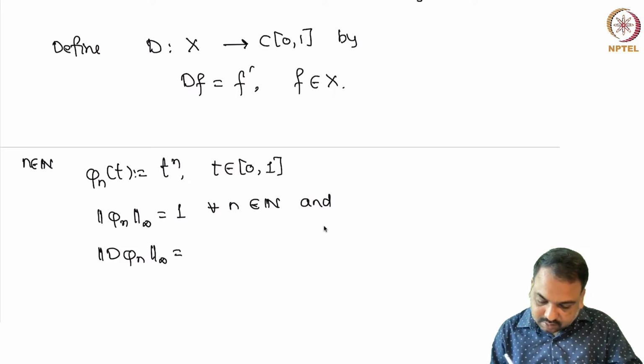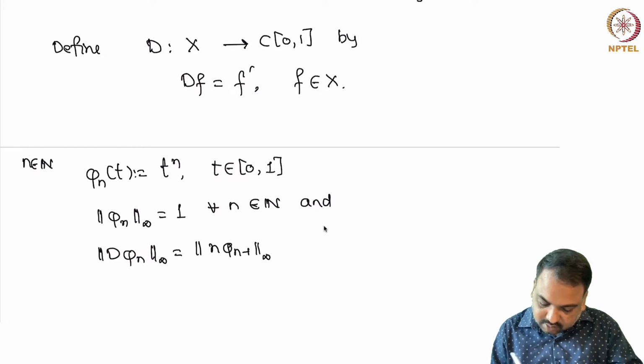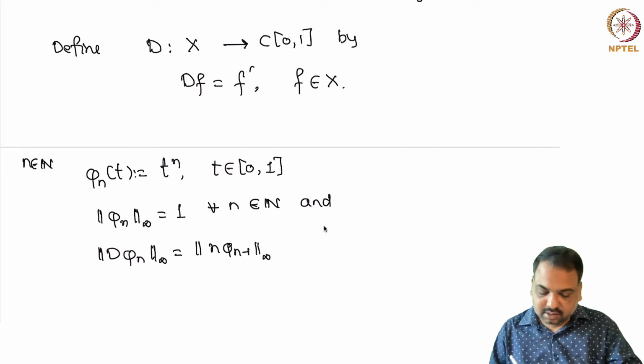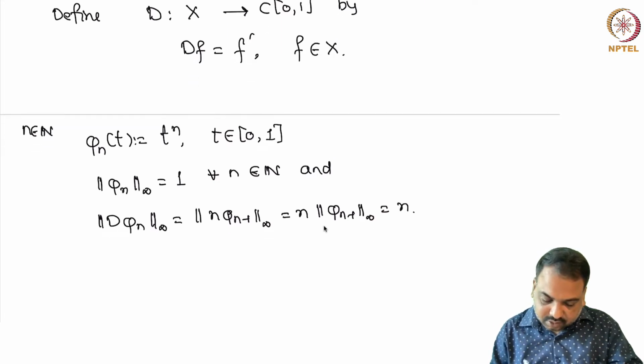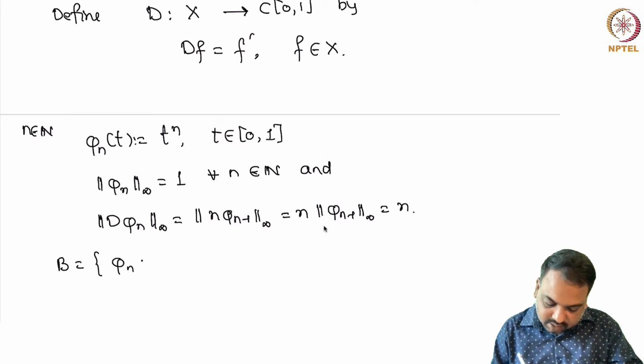This is nothing but the sup norm of n phi_{n-1}, because phi_n' is nothing but n times t^(n-1), that is n phi_{n-1}. This is n times the sup norm of phi_{n-1}, and we know that this is 1, so this is n.